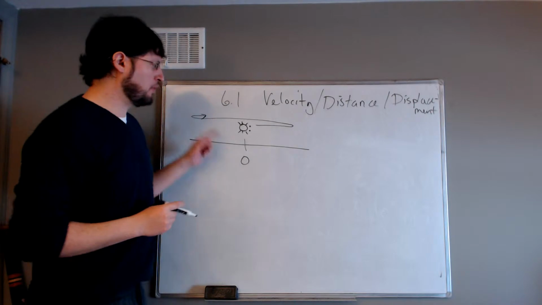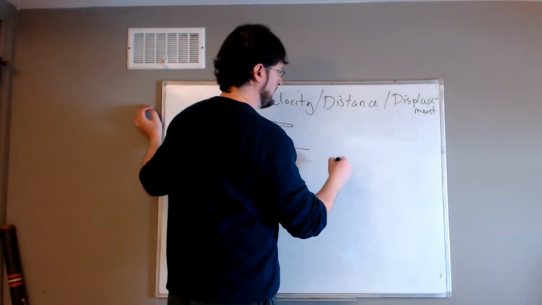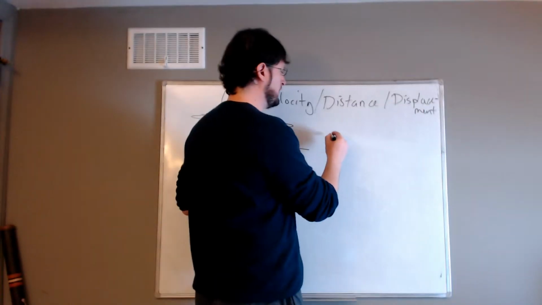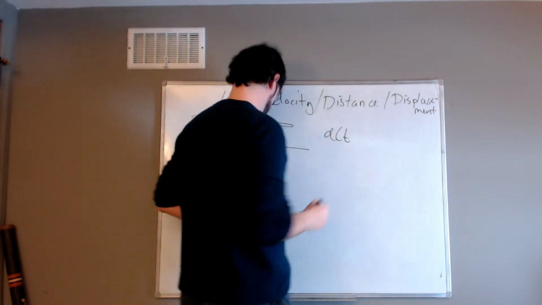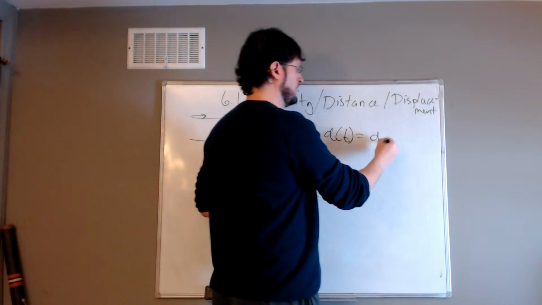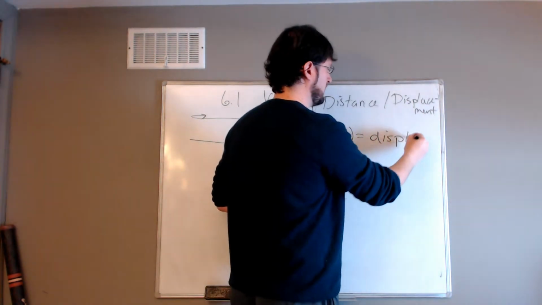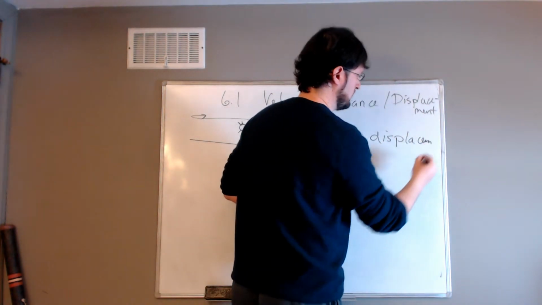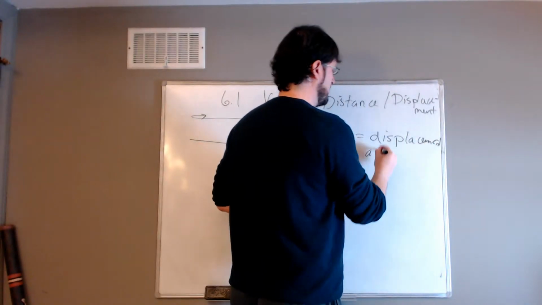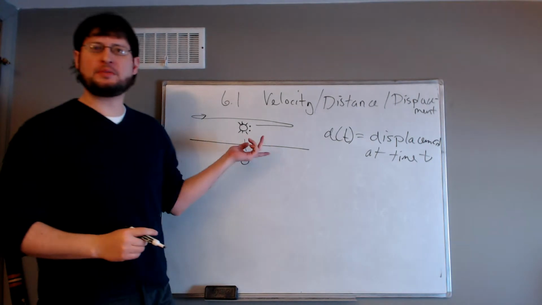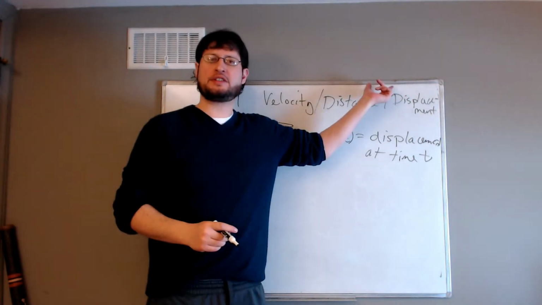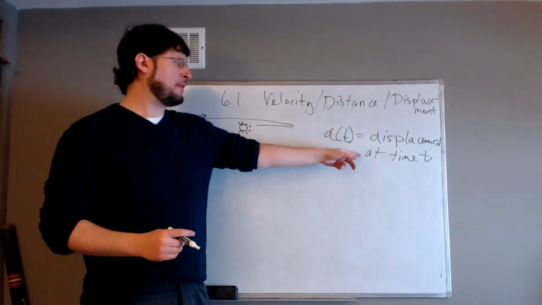Right? Suppose that we're going to say that d at t is the displacement at time t. And displacement is different from distance in that it can be negative.